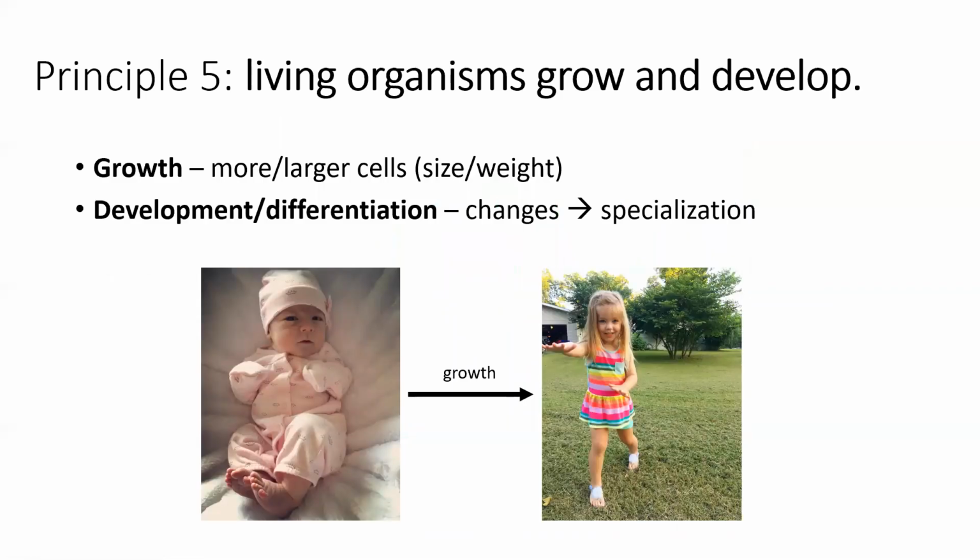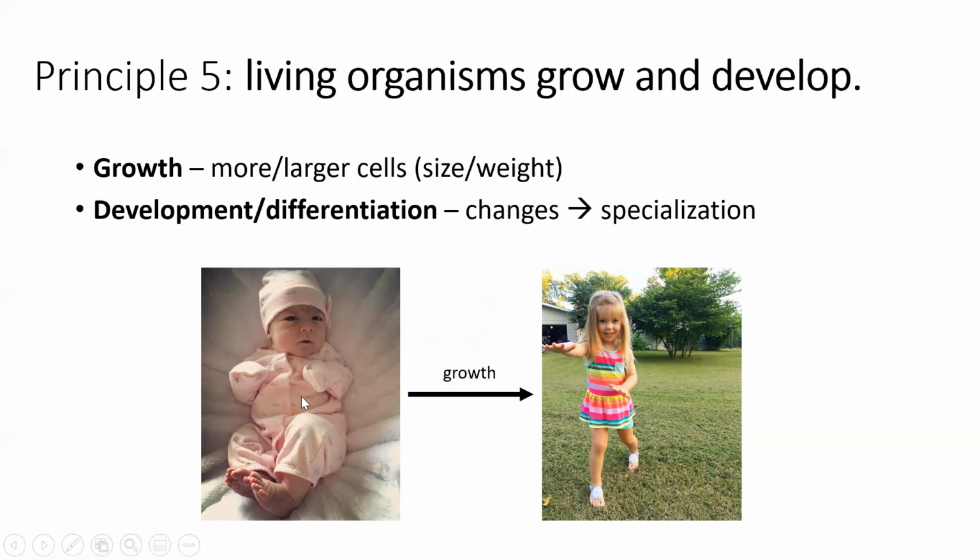The fifth principle or characteristic: organisms will grow and develop. Growth is where you have more or larger cells, so you increase in size and weight, or development and differentiation. We went from a single sperm to an egg that was fertilized and became a zygote.